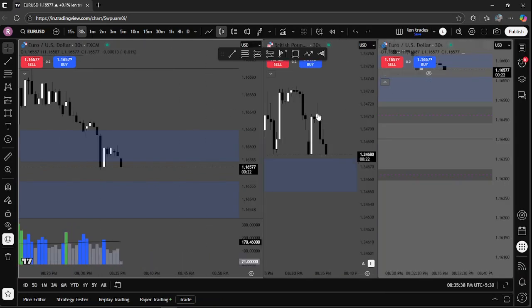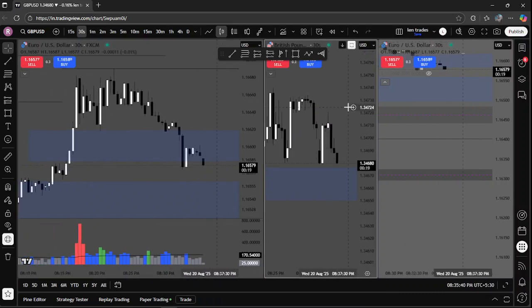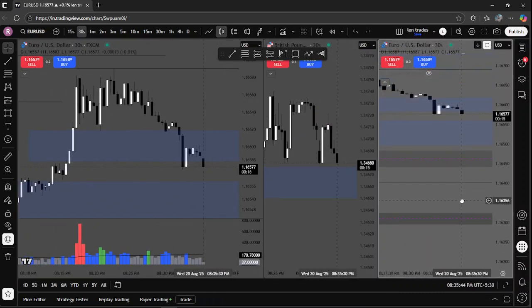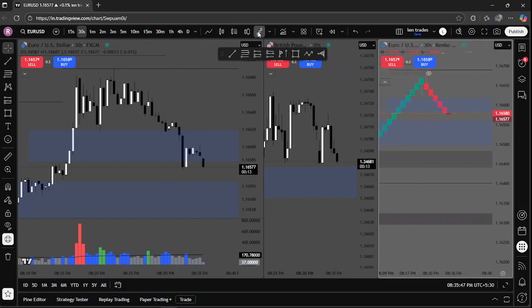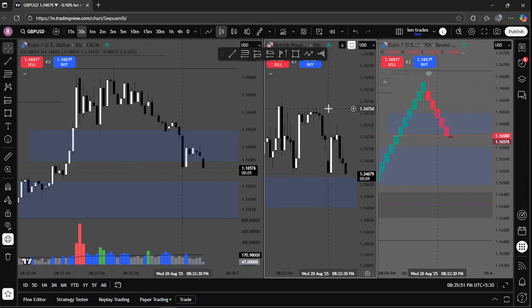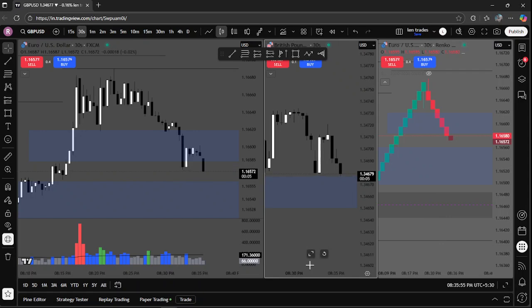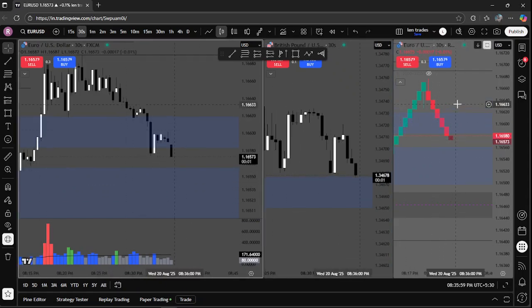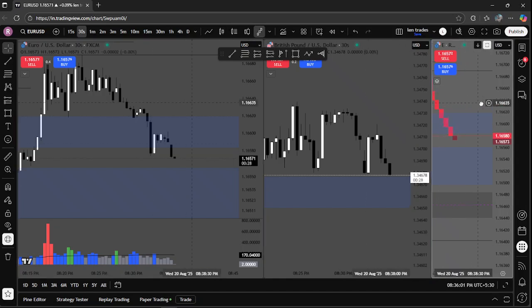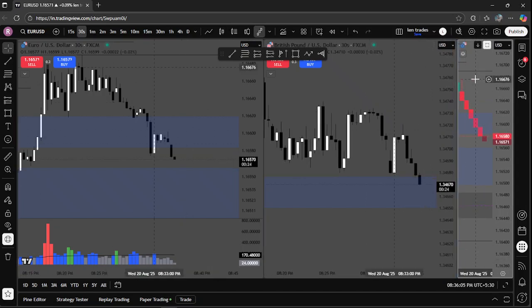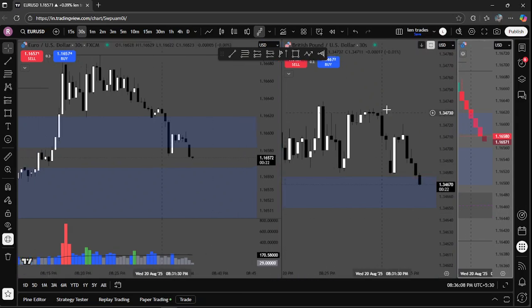Let's actually check it out today. 30-second time frame. No divergences. Okay. No divergences here.